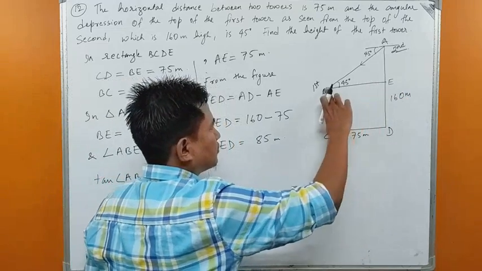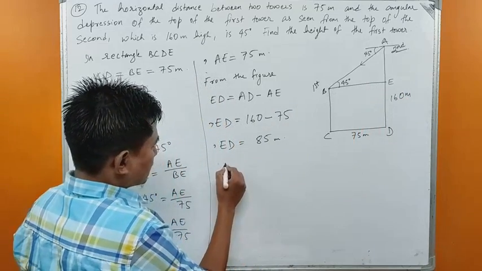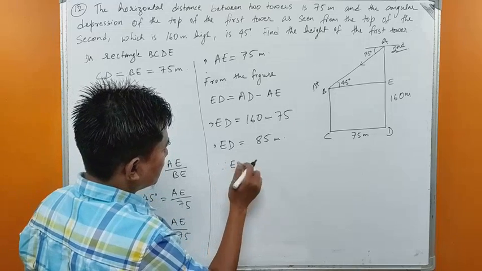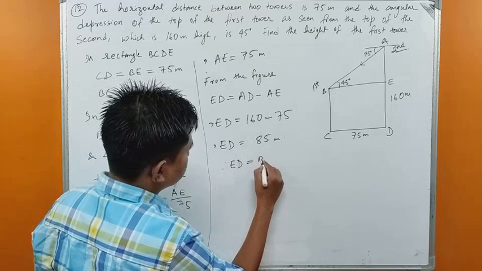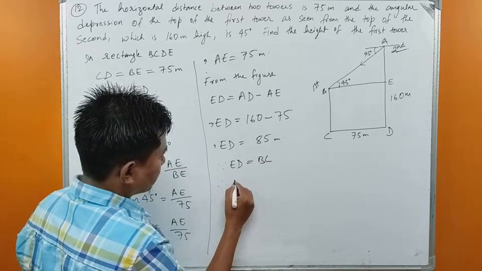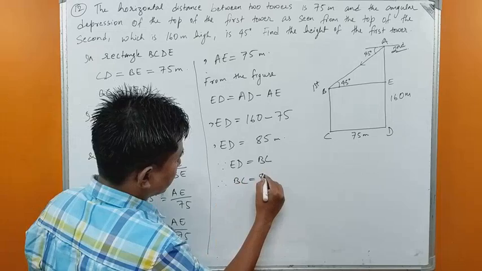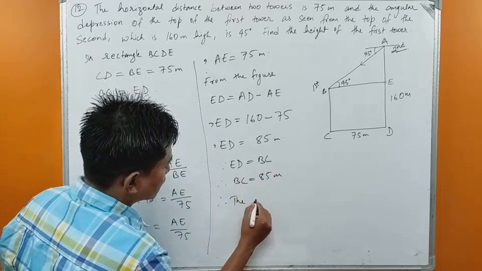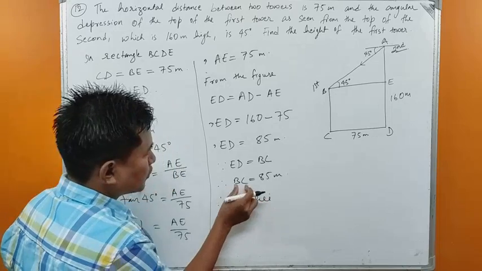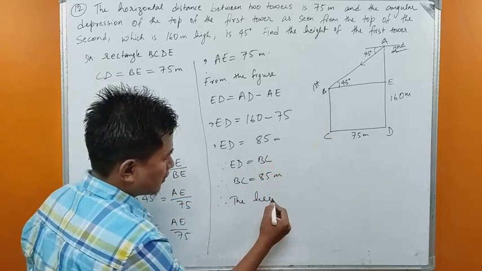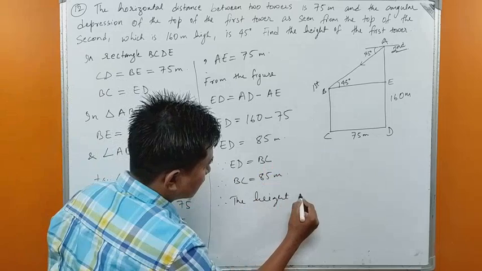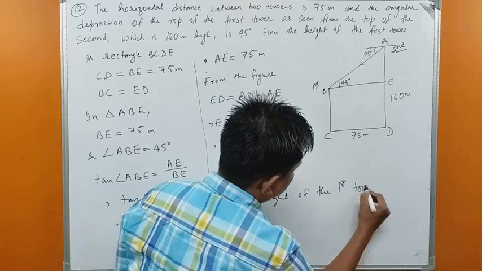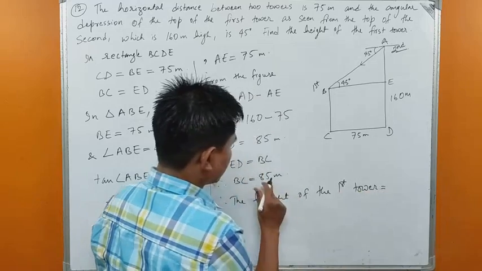Since ED equals BC, therefore BC equals 85 meters. BC is the height of the first tower, so the height of the first tower equals 85 meters.